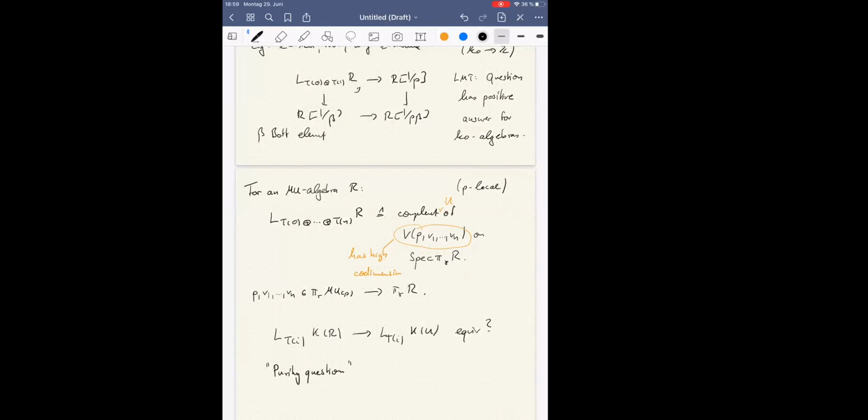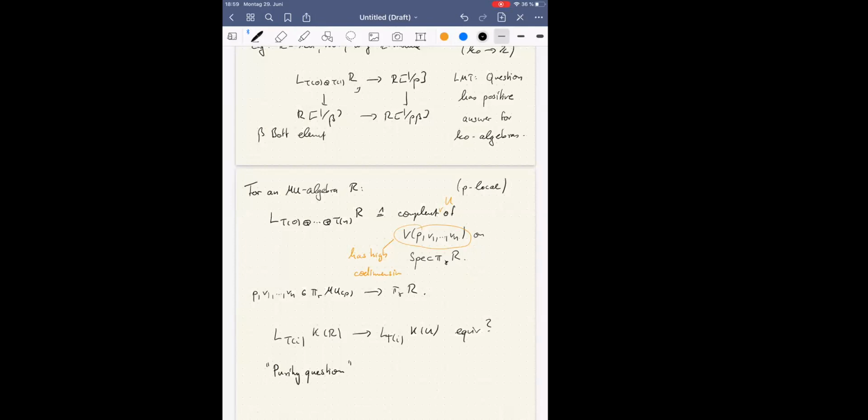So I just gave a little bit more precise perspective on this for MU algebras, but I just saw that Sean asked a good question in the chat. Namely, there's a more general perspective on this. And this is also something we write down in the article if you want to look at it.